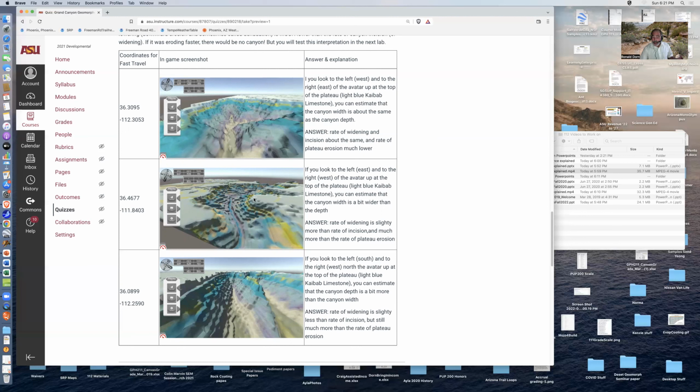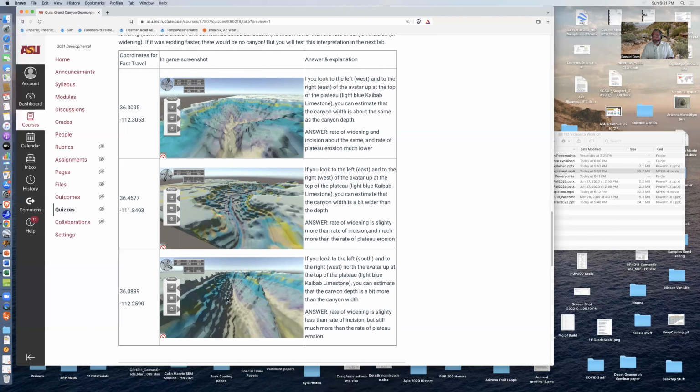In the middle example, right away, do you see that the canyon's a little bit wider than it is deep? So you still have low rates of erosion up on the high plateau, but the widening is faster than the deepening. And in this bottom example, I hope you can see that it's a slot canyon and it's really deep and it's not so wide.